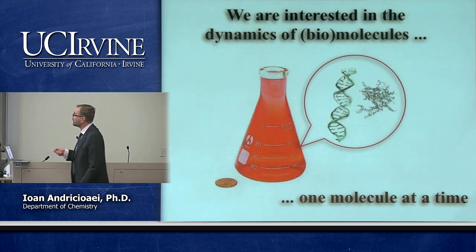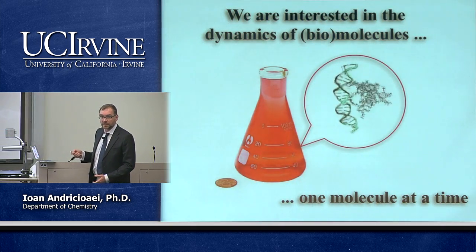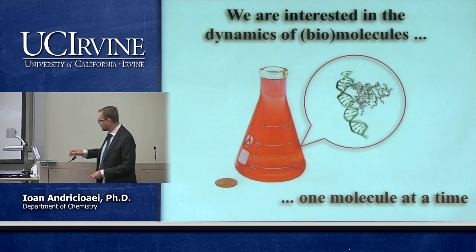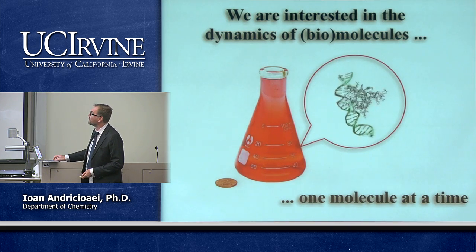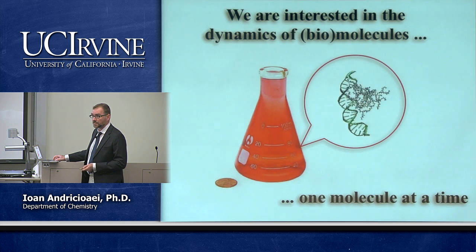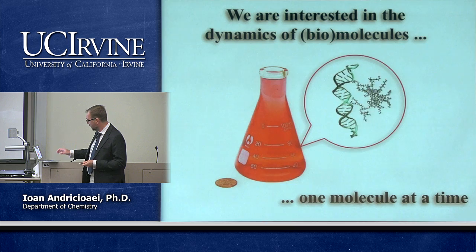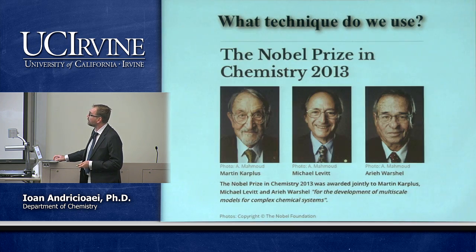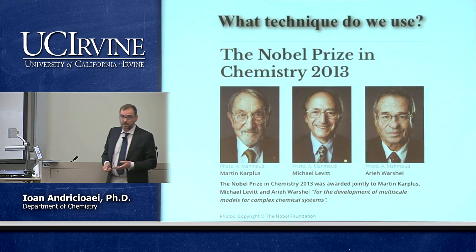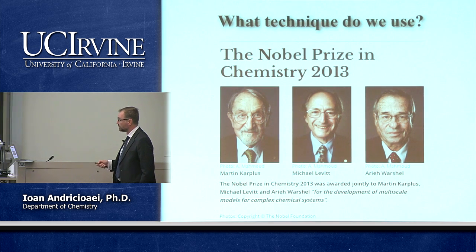The chemical systems of interest here are rather complex. They involve a large number of atoms that interact through covalent and non-covalent interactions, and these interactions take place at a wide distribution of time, length, and energy scales, which makes the problem at hand not too easy.